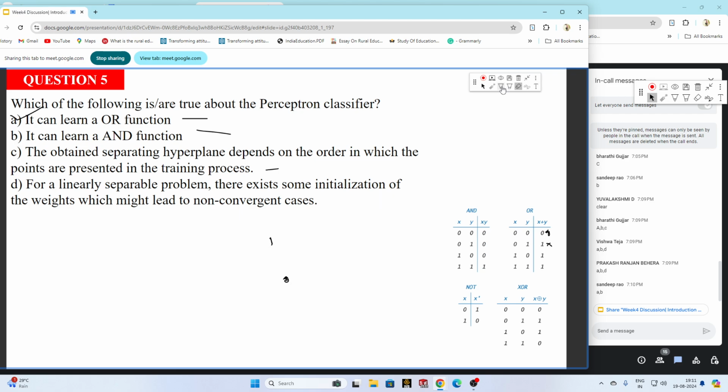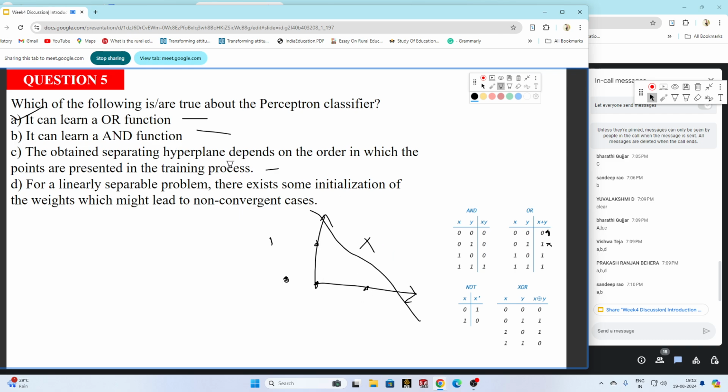Let's erase it and make a new curve. 0 0 is 0, and we are using dots for 0. 0 1 is 0, 1 0 is 0, and only 1 1 will be 1. So again we can separate this curve. If we draw a line here, an infinite number of lines, we can easily separate the crosses as well as the dots.